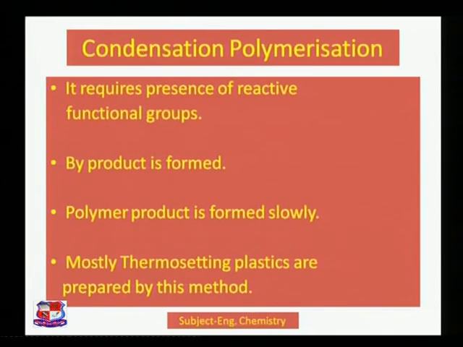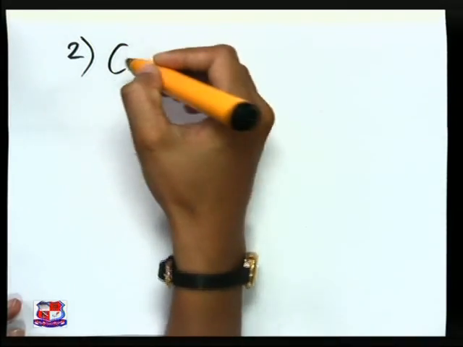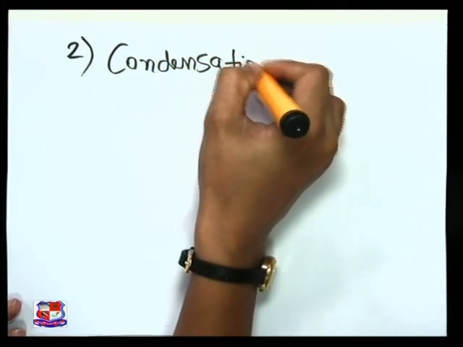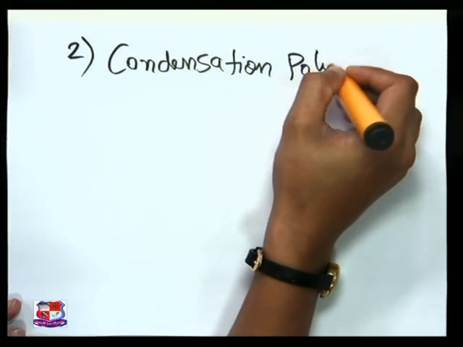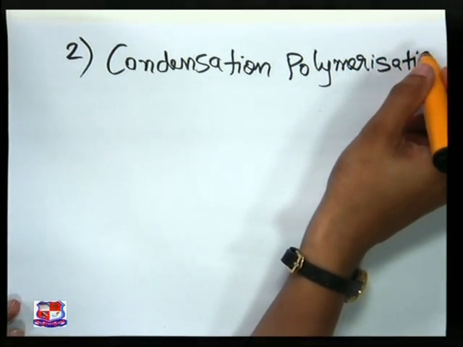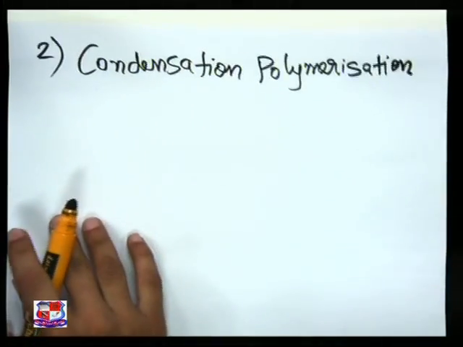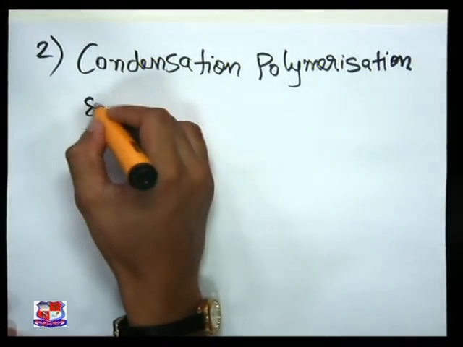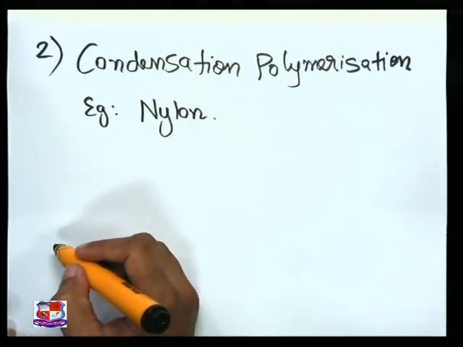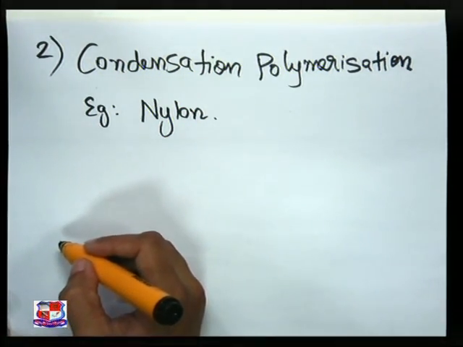Now how can we draw this? Let us try to take an example. Second is our condensation polymerization. If you look here, then for this example of condensation polymerization, the example is the formation of nylon. So for that we have to see what the monomers are.